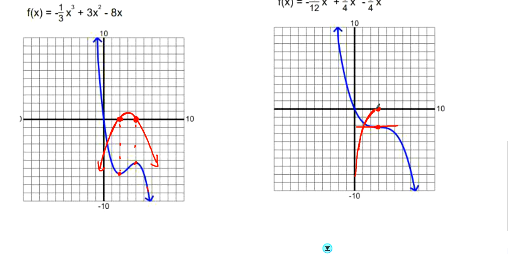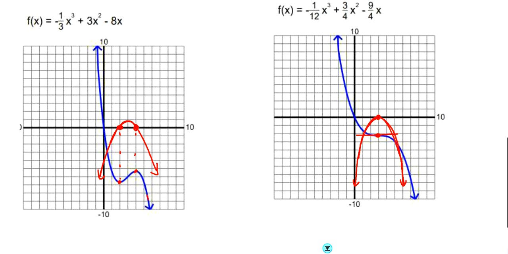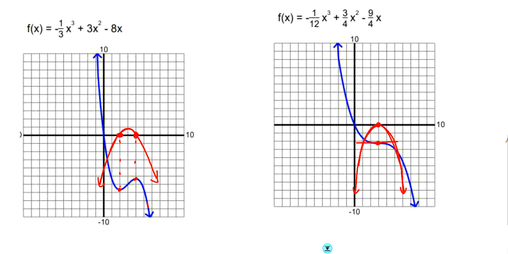So I still get a quadratic, but instead of crossing the x-axis, it bounces here, like that. This is a perfect example where, if you looked at the sign chart, on one side it's negative, on the other side it's negative, which means it has to bounce there. And that's how you curve sketch.